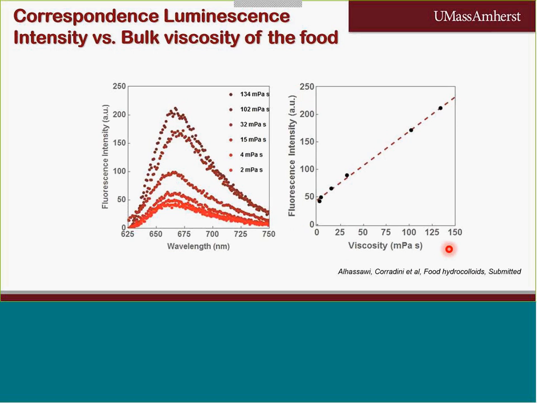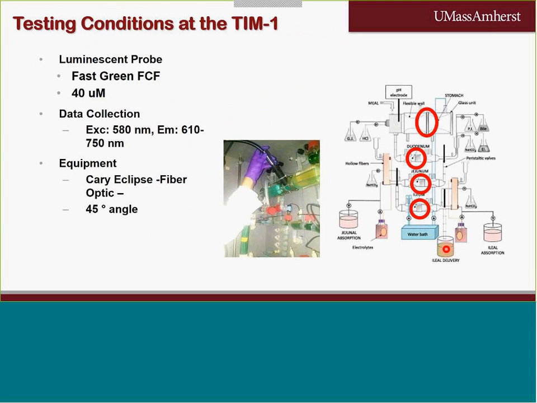At that time, it was appropriate to test it in an actual system. So, with fast green as the probe, data collection was done using an excitation within the far red in order to produce appropriate differentiation of the probe and the autofluorescence of the sample.